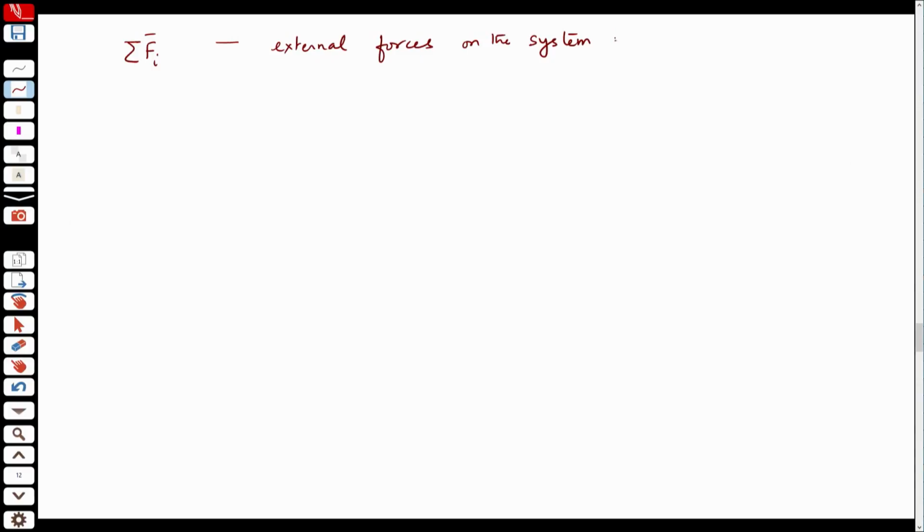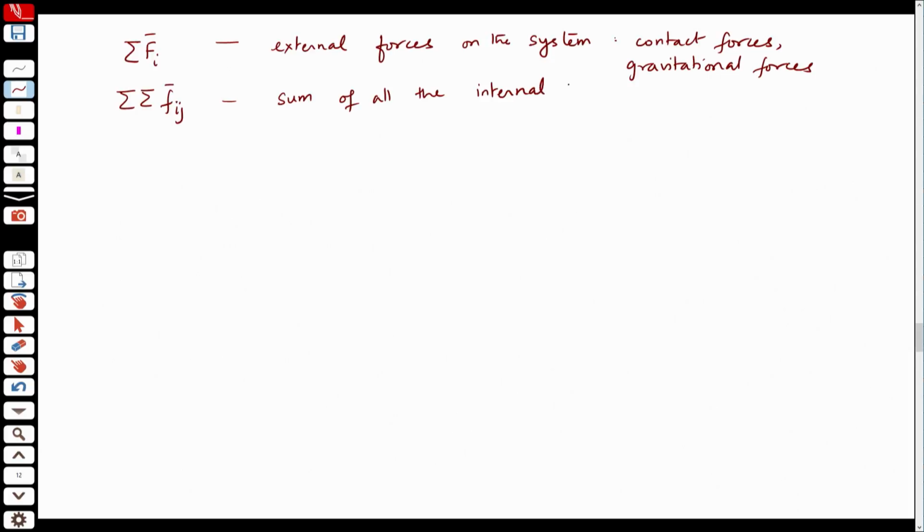So, these could be contact forces, gravitational forces, and then this is the sum of all the internal forces in the system. What is this equal to?